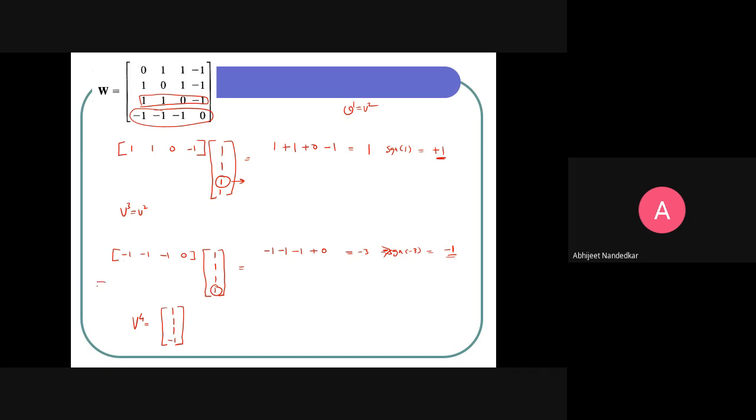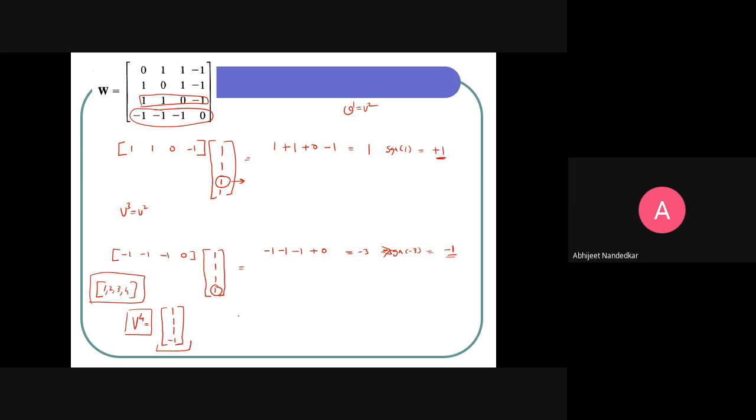But my sequence is over now. Sequence was 1 2 3 4. So all neurons were allowed to update, and they have changed their values if required. And this is the final vector V4, which will be now used to change first position again.